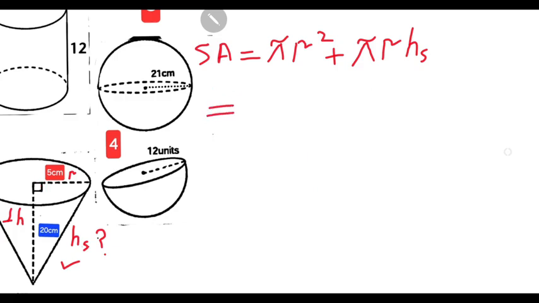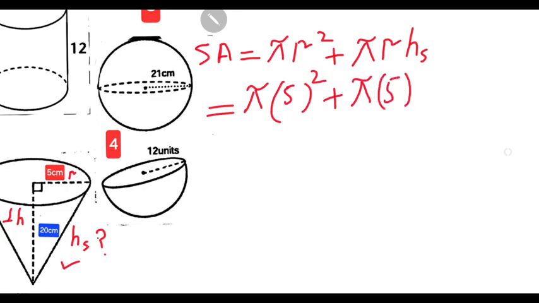Now I'm going to substitute all of these values into the formula to find the total surface area. Pi, radius 5 square, plus again pi, radius 5, and the slant height I found now, that was 5 multiplied by square root of 17. I'm going to use my calculator.